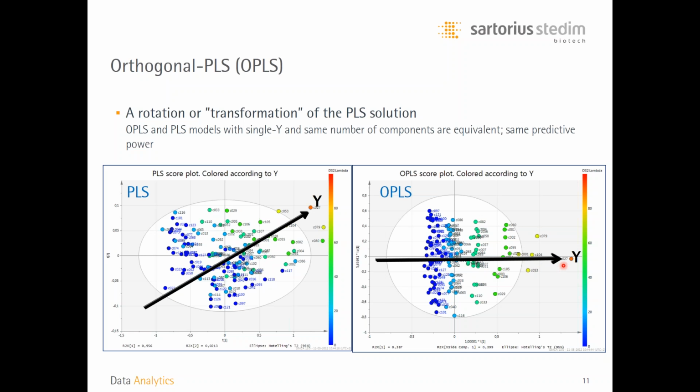And that also has a consequence that when we want to interpret which spectral features in the measured data correlate with the changing proportion or levels of the analyte of interest, we only have to look at the loading of one model component. And that is why we prefer OPLS over PLS for interpretation.